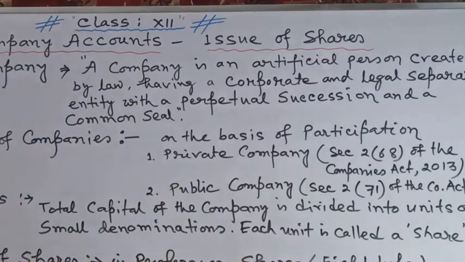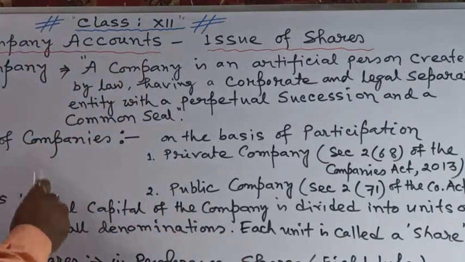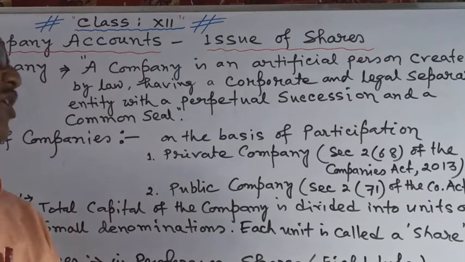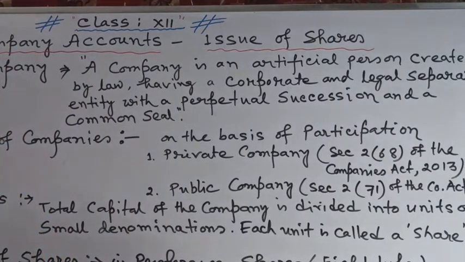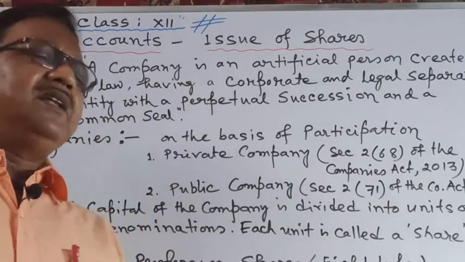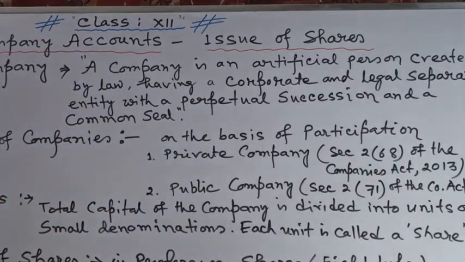Okay. Now the kinds of companies. On the basis of participation, a company may be divided into two: private company and public company.